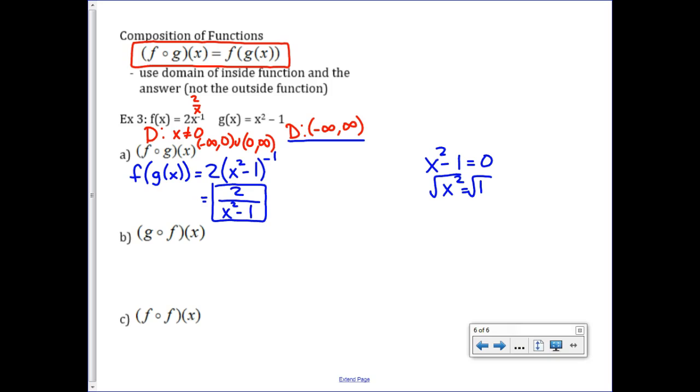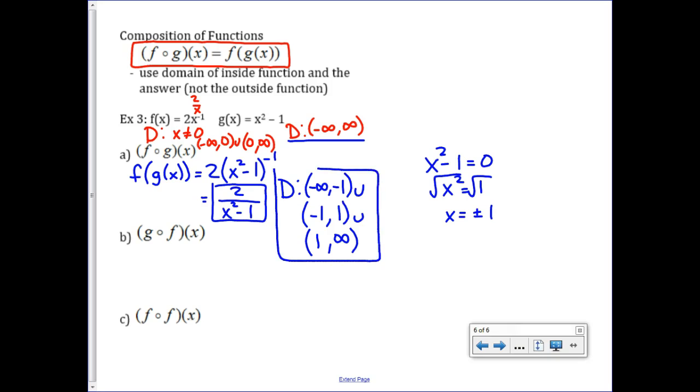Square root of 1 on both sides, so x equals plus or minus 1. That's what it cannot equal. So then our domain, we can have anything from negative infinity up to negative 1. We can also have negative 1 to positive 1. And then we can have 1 to infinity. We just cannot include negative 1 or positive 1. So that's your domain for this one.